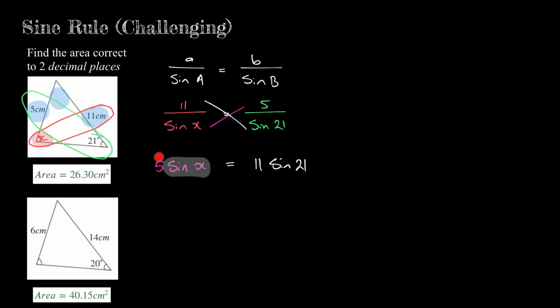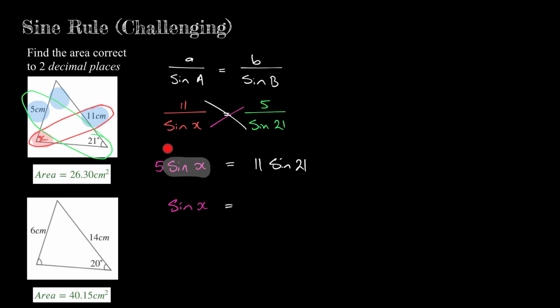You can see here what I'm doing. I'm multiplying 5 by sine of x. So if I want x by itself, I'll need to get sine of x by itself first. And if I got sine of x by itself, I'd need to work out what this is.